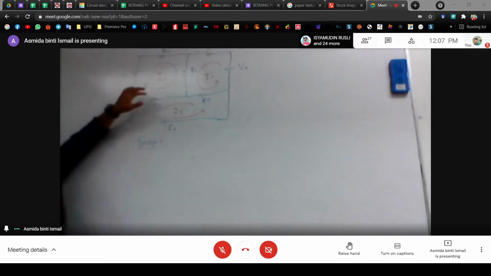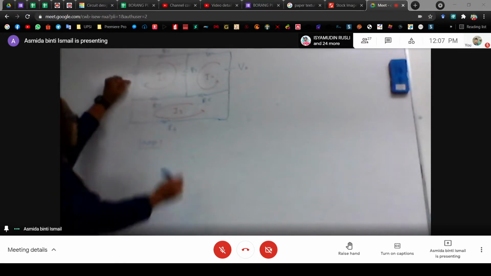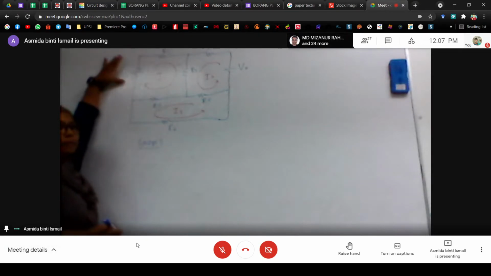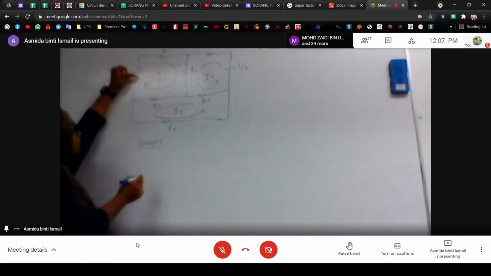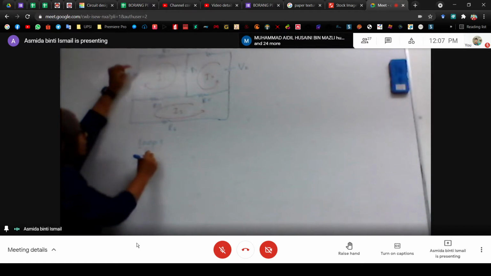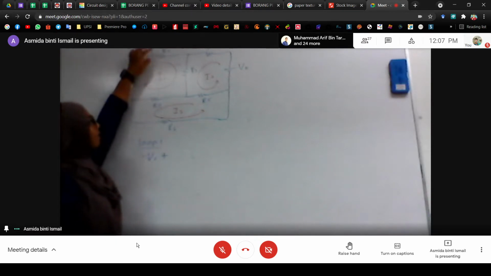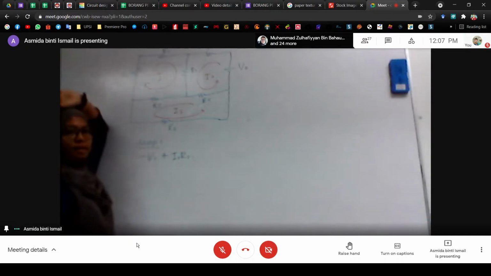Okay, come up with the equation for the loop one. For this loop, we find the V1 here. Your I1 arrow is negative here, so you write a negative V1. And then plus the voltage here, which is I1 R1.